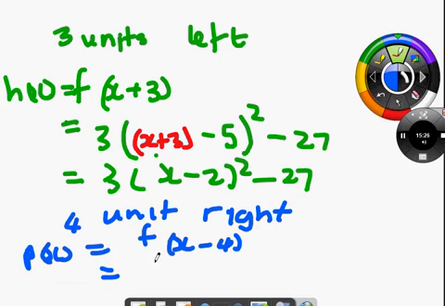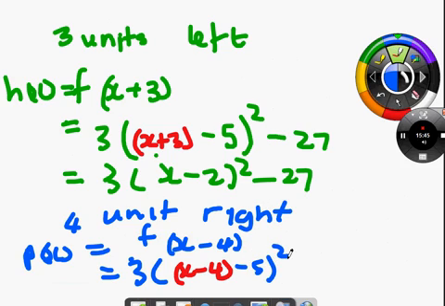And this would result in your 3 bracket, and our x is replaced by x minus 4, like that. And the minus 5 is there. Then you square, minus 27. This would eventually give you 3 bracket x minus 9 squared minus 27.